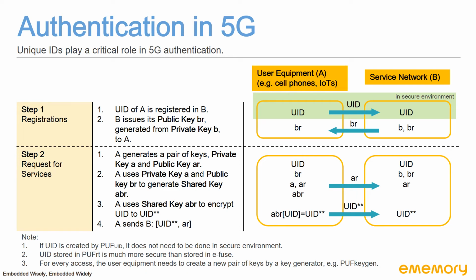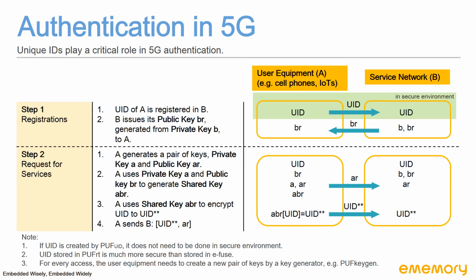Since it's a little bit complicated and will take much more time to explain, I will leave this to you. You can go through this step by step and learn how the authentication proceeds after you have a very secure key, or secure unique ID, generated in your SIM card.